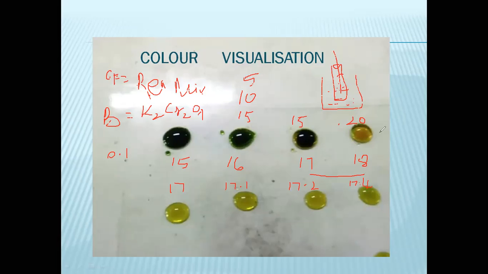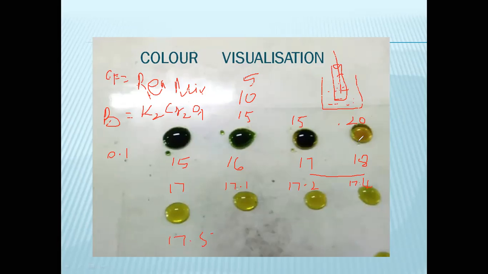If you want to further confirm this, you add another 0.1 ml, and that will become 17.5. Then if you take out a drop of reaction mixture and put it on the indicator, you will get tinges of dichromate.